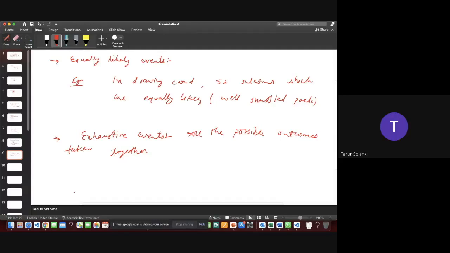That means, like a card is drawn from a well shuffled pack. The following events are exhaustive: the card is black, and the card is red. Or we can take events that are not exhaustive, like the card is heart or the card is diamond. Okay, so for the first two, A union B is S. In general, we can write E1 union E2 union E3 up to En is S.